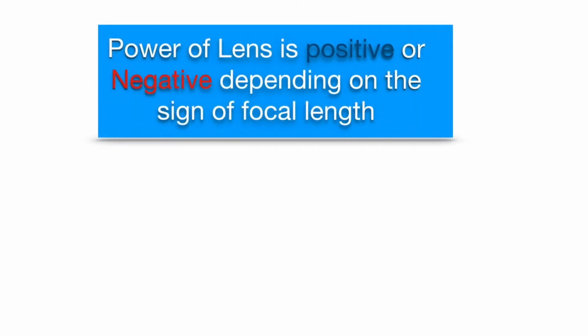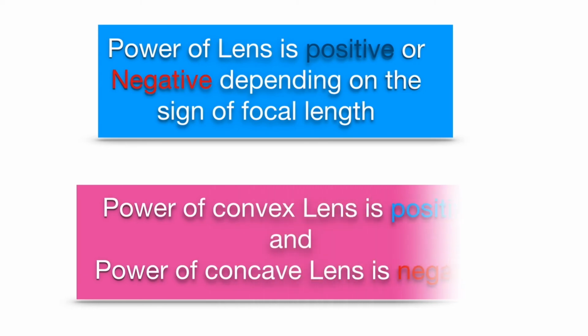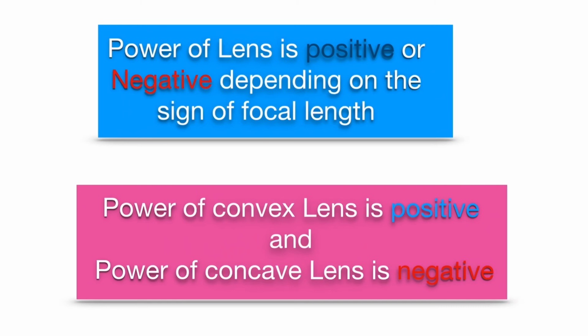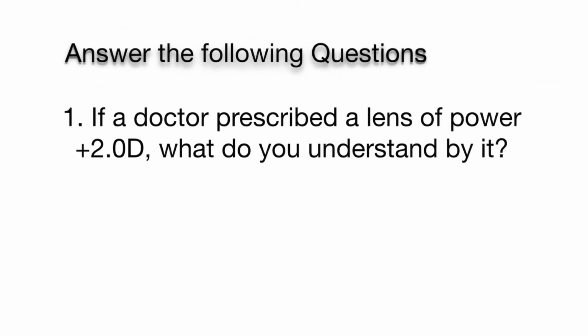Power of lens is positive or negative depending on the sign of focal length. We know that the focal length of convex lens is positive, so its power is also a positive numerical value. In case of concave lens, the focal length is negative, and so the power of the concave lens is a negative number. Let's answer the following questions.